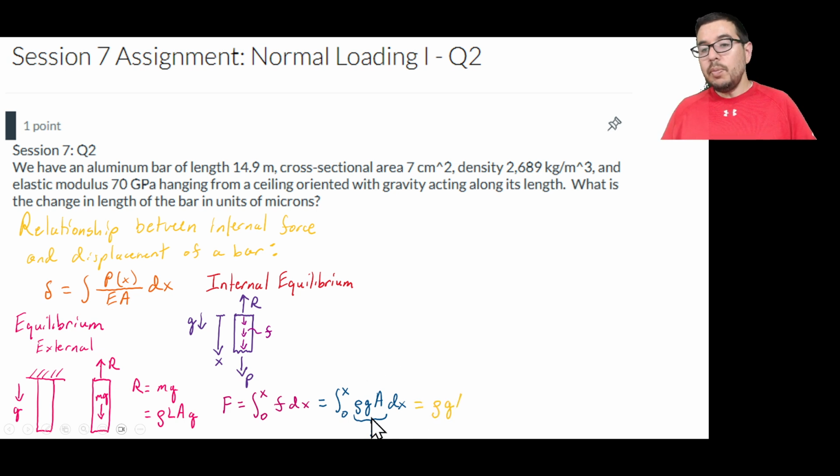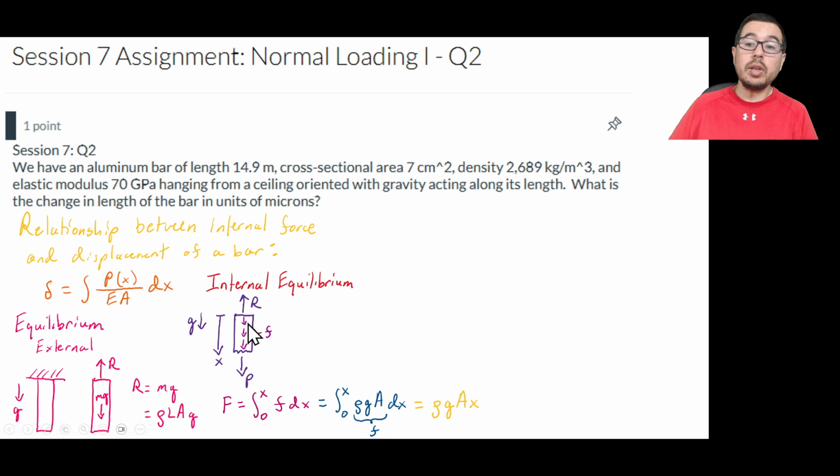We do this integral, and it's kind of trivial. It's just going to be rho gA x, and then I plug in x, so I get rho gA x. So this describes the force from the distributed load and is acting externally on the system. So we have two external loads, R and this big F, and we have one internal load, and they're going to be in equilibrium with each other.